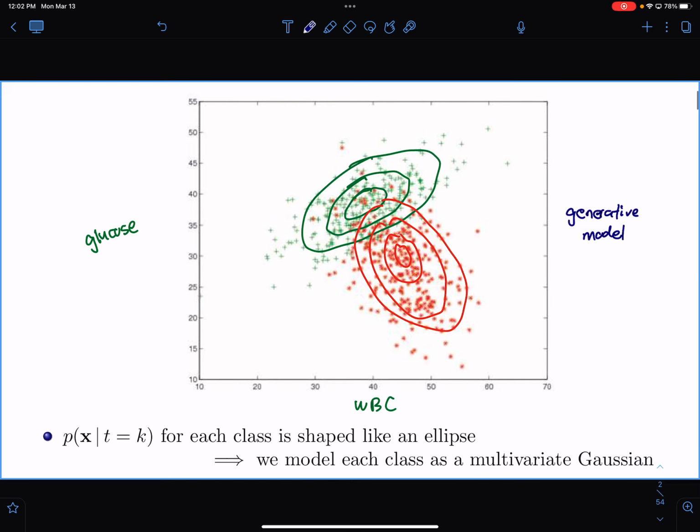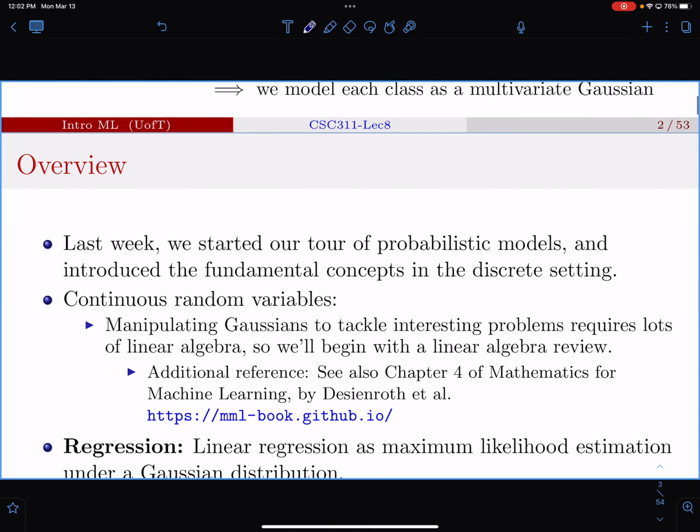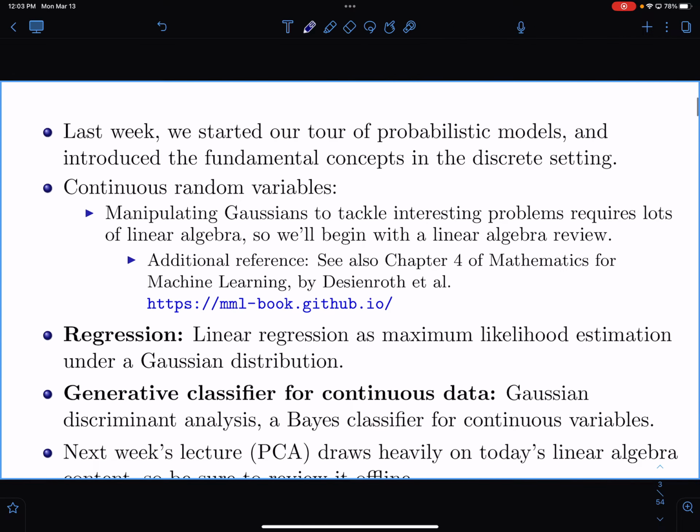So to get to that point, we'll do some linear algebra review, and this will also help us when we talk about principal component analysis next lecture, which will be an unsupervised learning algorithm. A lot of the math background here, the Math for Machine Learning book can cover in more detail and has some additional exercises.